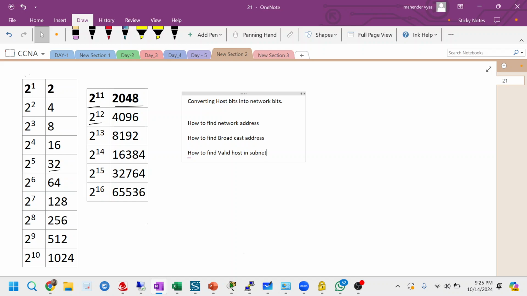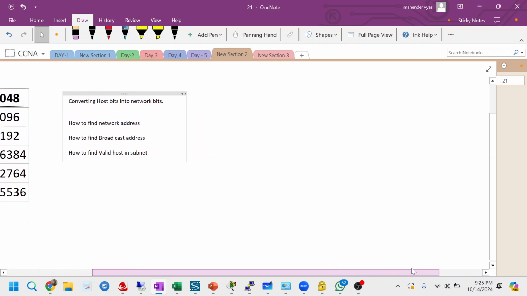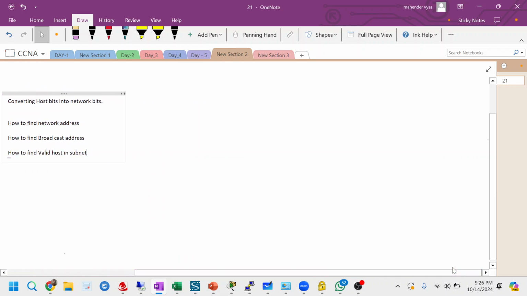Now first, let's take a small example. Suppose in our previous discussion, what we did for 64 users, right? Let me take class C. For class C, what is a private address? 192.168.0.0.